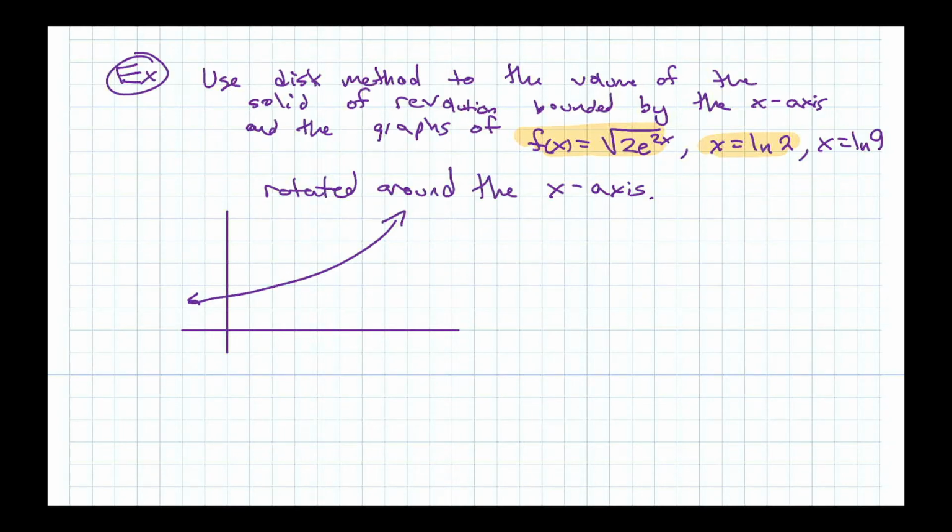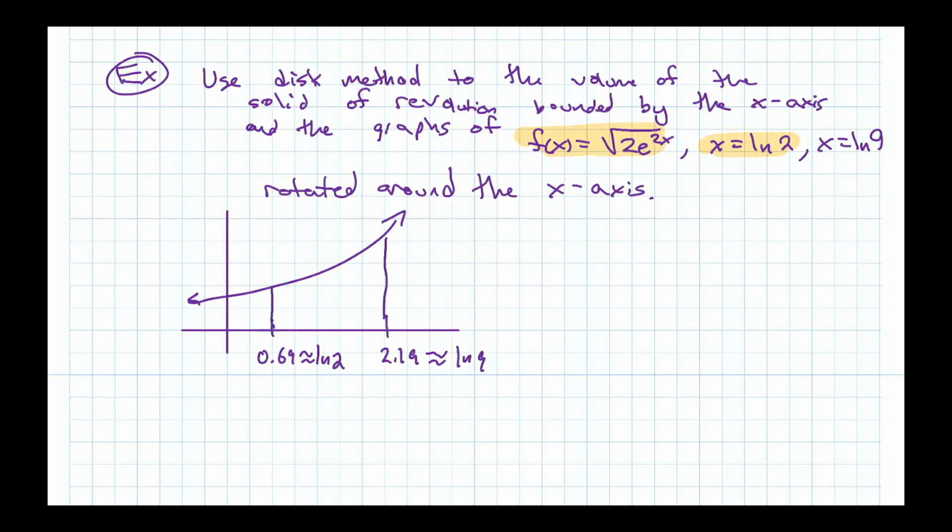So you get about 0.69, that's ln 2. And if you put ln 9 into a calculator, you'll find out that it's about 2.19, which is approximately ln 9.